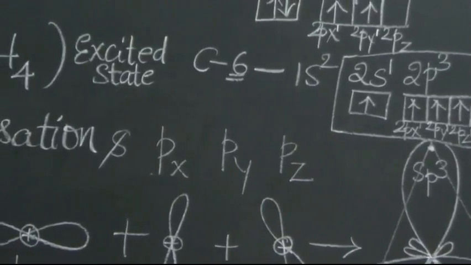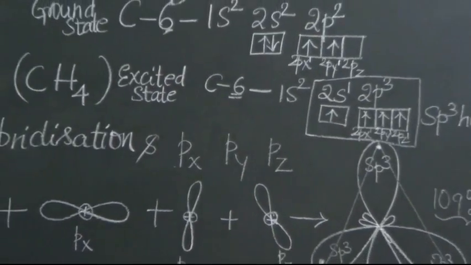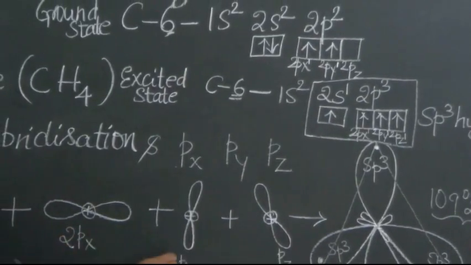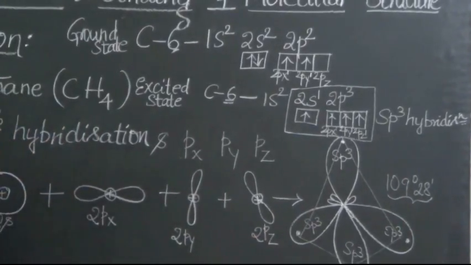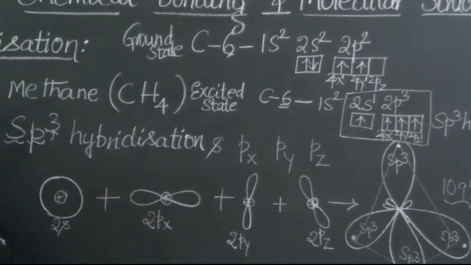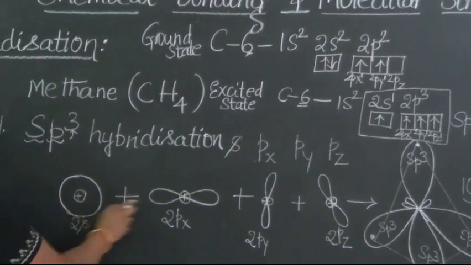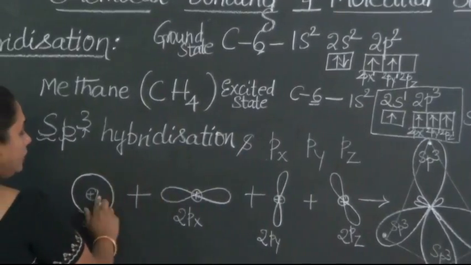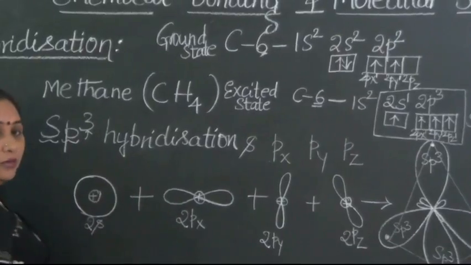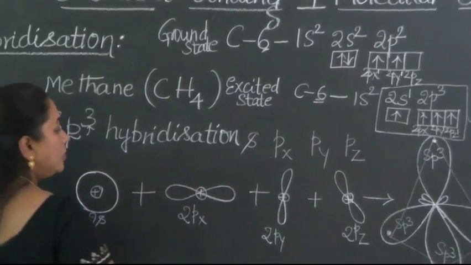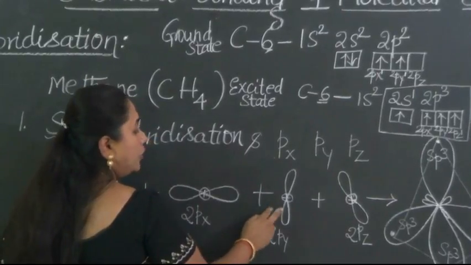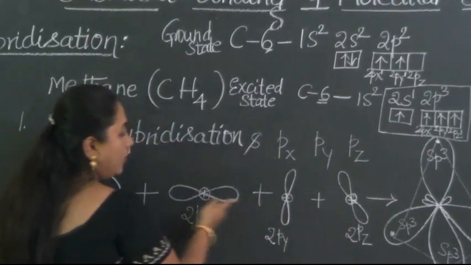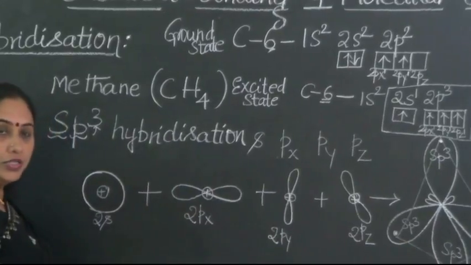Now, let us say this is the 2s of carbon atom, 2px, 2py and 2pz. So they are orienting along different axes. 2s and 2p have a difference in the amount of energy. But please remember, there is no difference in the energy between 2px and 2py or 2py and 2pz. They all have the same amount of energy.